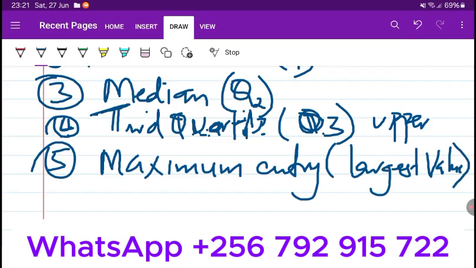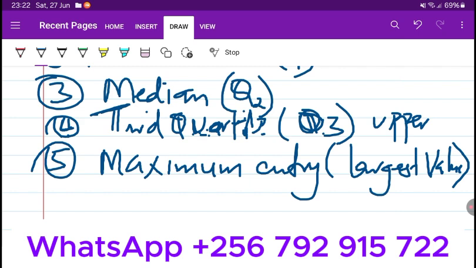But we have to be very careful when looking at the largest and the smallest, because most of the time these are affected by outliers. If we have a data set without outliers, the minimum and the maximum will not be affected by anything.